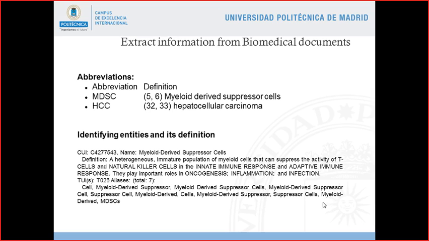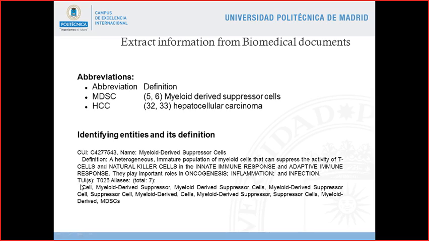And this part of the code identifies entities and their definitions. I will not run it because it takes a lot of time. But here you have the entity myeloid-derived suppressor cells. This is related with an entity inside the UMLS. The CUI is this one, the identifier is this one, and the definition that appears in the UMLS is this one, the whole definition.